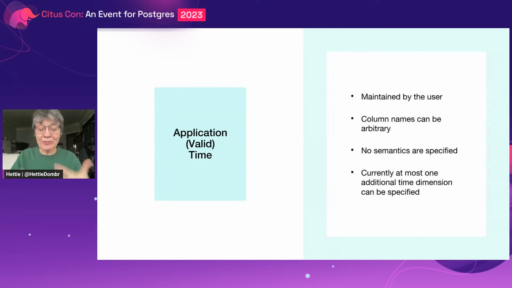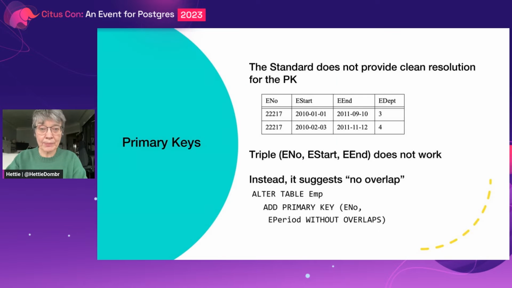So you define it as application time when you define the table. And right now, since 2011, the standard defines only one application time, though it leaves room to increase it in the future and have more than one application time.